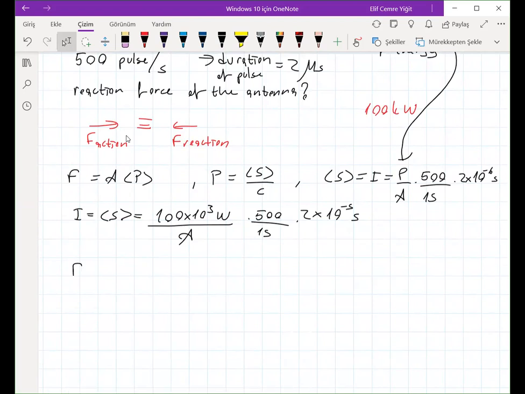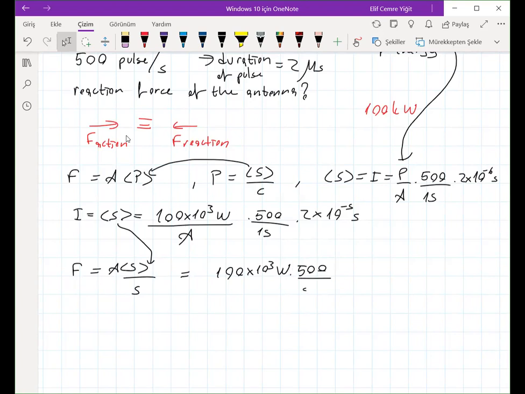The formula says that F is equal to A times, I'm substituting this here, S over C. So if I substitute in here, the A's will cancel, you can see it. So my value will be 10 to the 3 watts times 500 pulses per second times 2 times 10 to the minus 6, which will give me also times, sorry, 1 over C. Sorry about that.